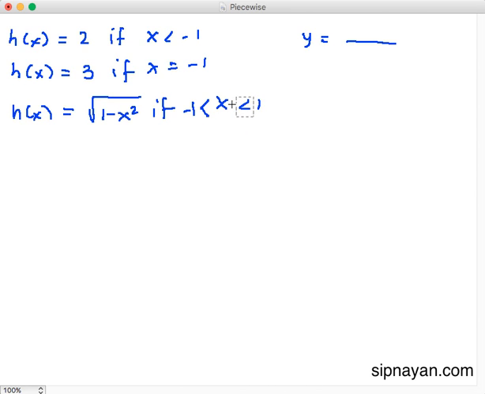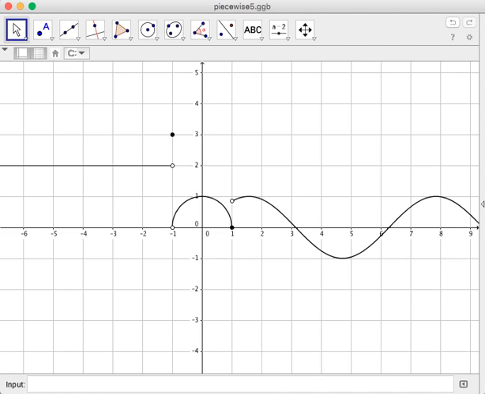Ang tanong, alin sa kanila yung kasama? Kasama sa kanila yung 1, di ba? Kasi yung point natin dun sa 1 kanina, solid siya. So, dito natin ilalagay yung equal sign. So, x is greater than negative 1 but less than or equal to 1. Okay? Kasi ito hindi solid na point. Ito, solid na point. No? Okay? So, pag ganito yung nakikita nyo sa mga libro, ibig sabihin hindi kasama yung point na yan.